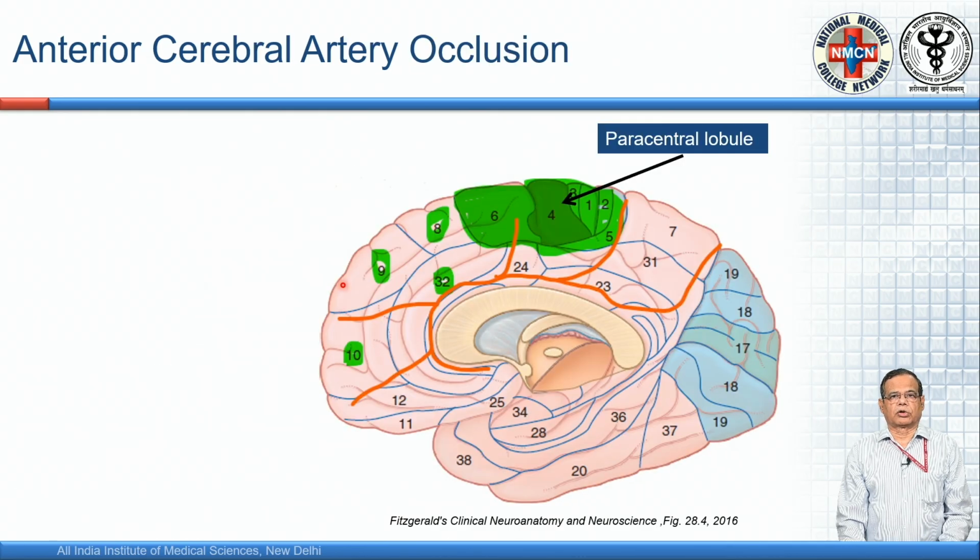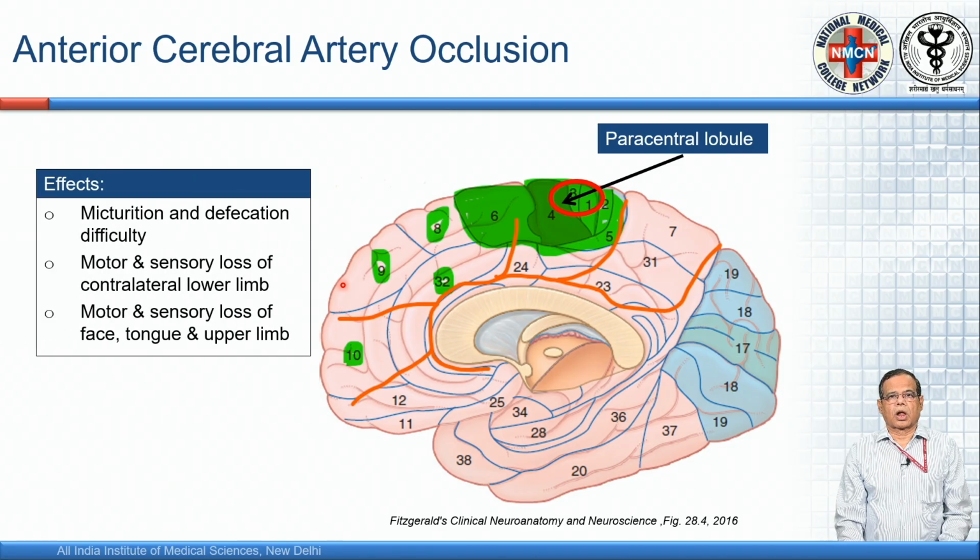Anterior cerebral artery occlusion. The anterior cerebral artery supplies the paracentral lobule, and it is the extension of the sensory and motor cortex from the lateral surface of the brain. Here lies the center for micturition and center for defecation.